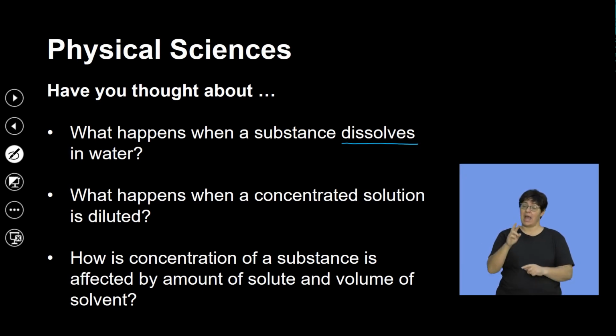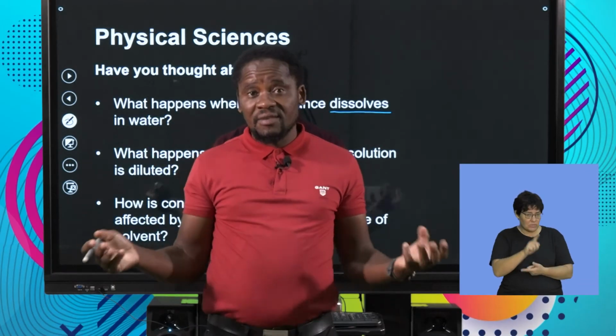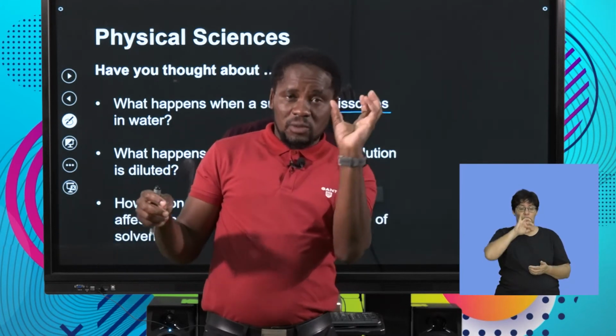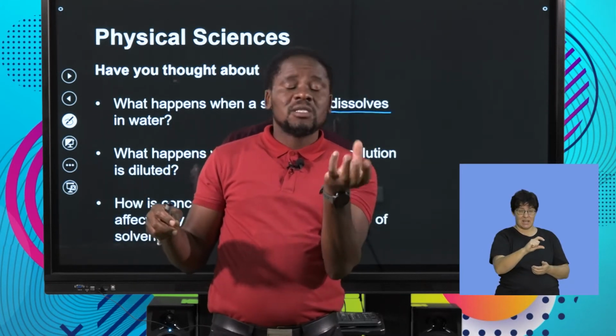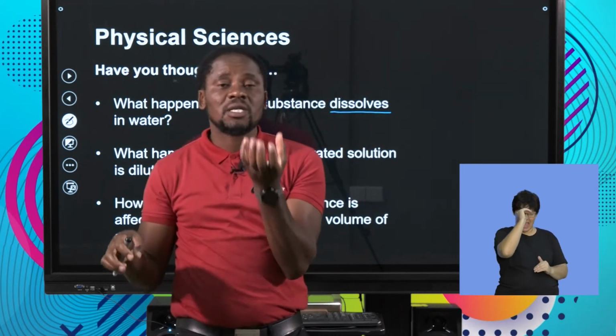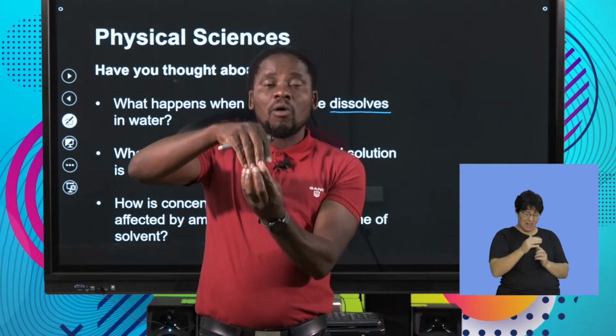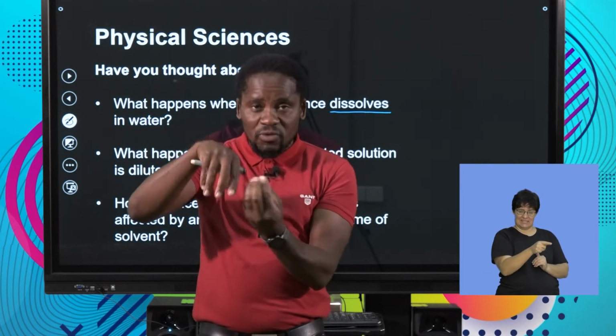The second thought is, what happens when a concentrated solution is diluted? We can think of it in terms of real life. If you've got a concentrated juice with a very high concentration, what does high concentration mean? It says there is a high number of moles of the solute per unit volume of solution.